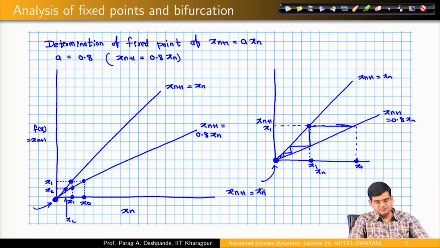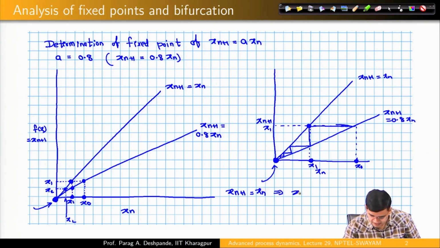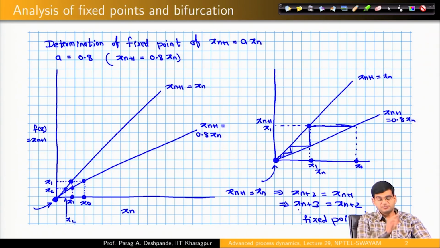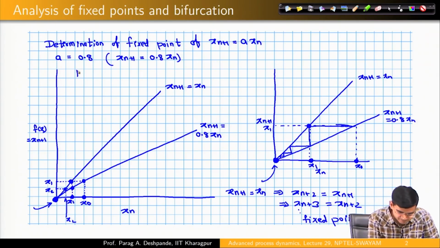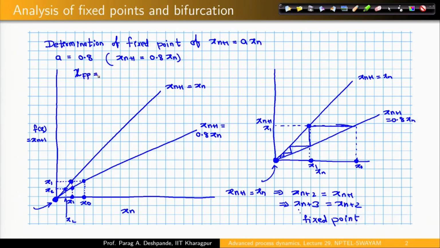At this point x n plus 1 has become equal to x n, which means that x n plus 2 will be equal to x n plus 1, which means x n plus 3 will be equal to x n plus 2, and so on, which means that I have reached the fixed point. And what is the fixed point? My fixed point for this case, x fixed point, is 0. 0 is my fixed point.